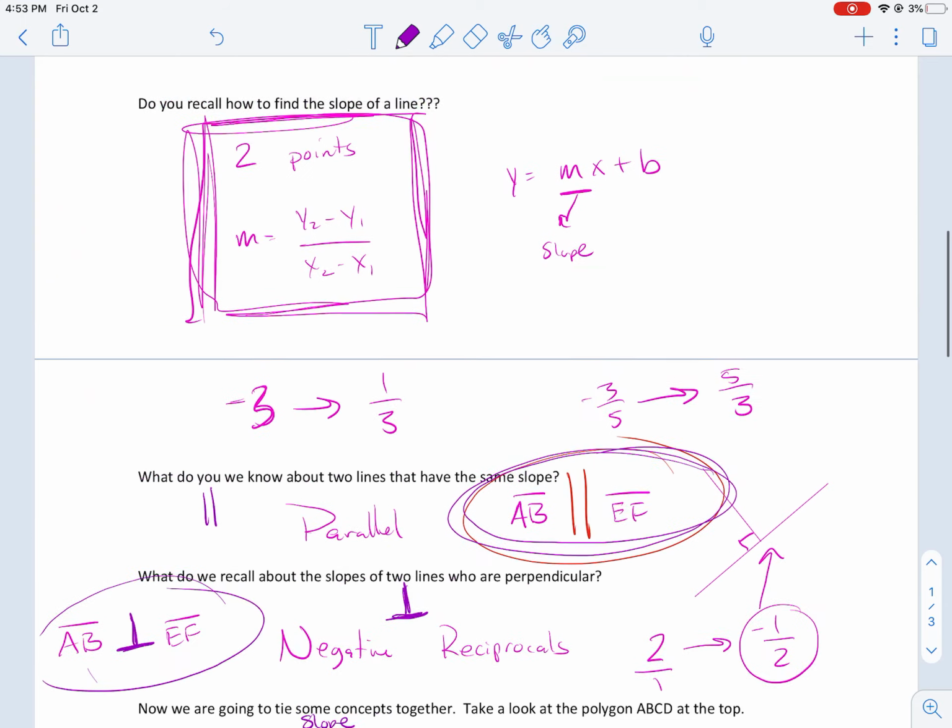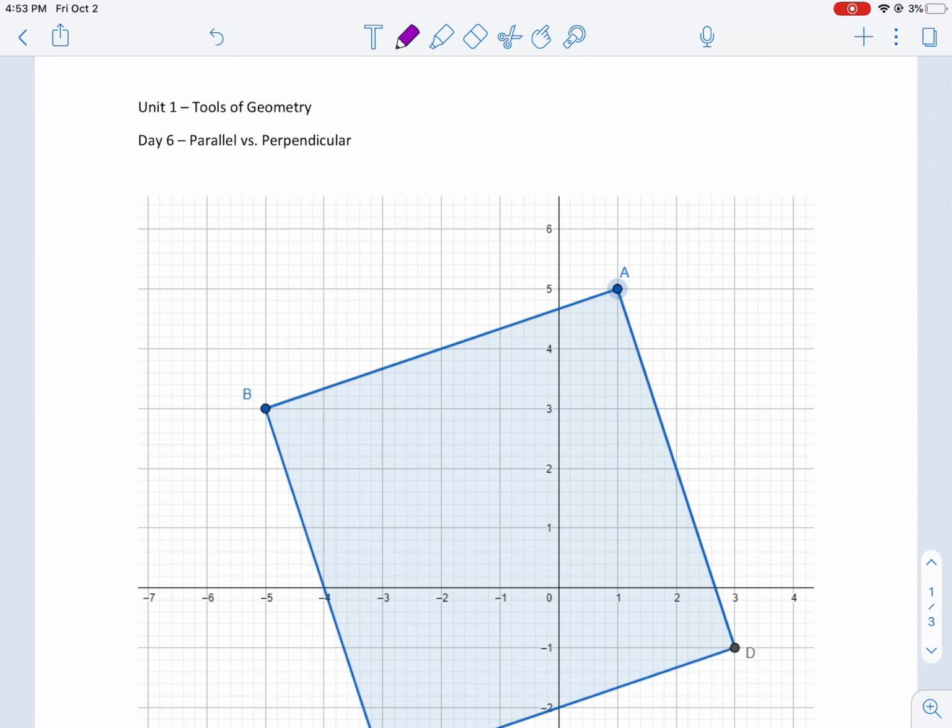So let's do AB. This point right here is (-5, 3). This point right here is (1, 5). We're going to use the slope formula, which is m equals y2 minus y1 over x2 minus x1.